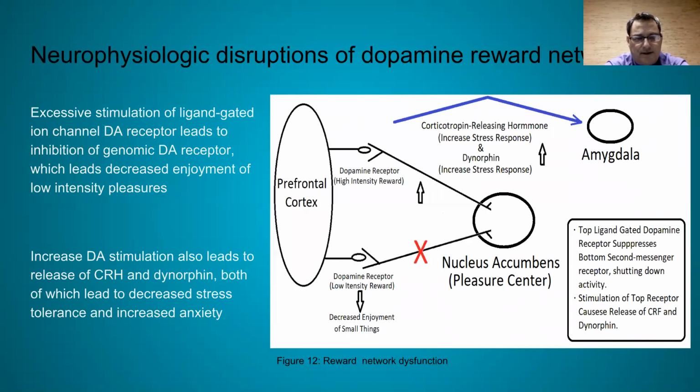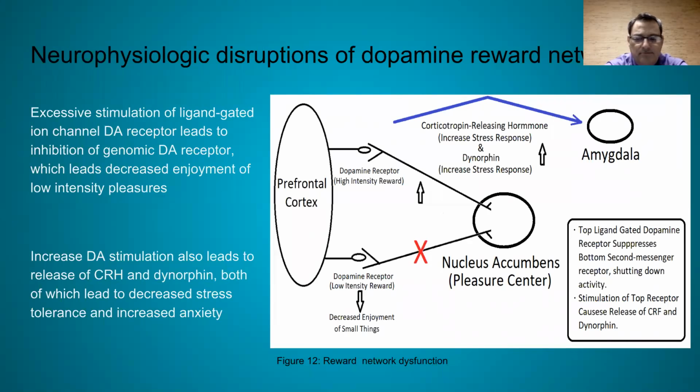Another thing that occurs on this slide is at the top of the cartoon, there's that blue line. Excessive dopamine stimulation leads to a release of corticotropin releasing hormone, and that increases the stress response.